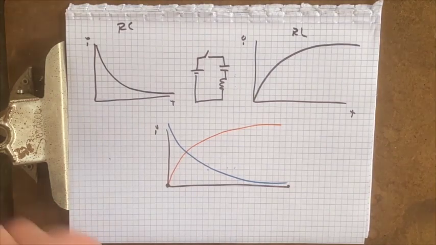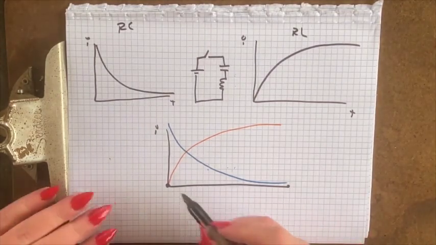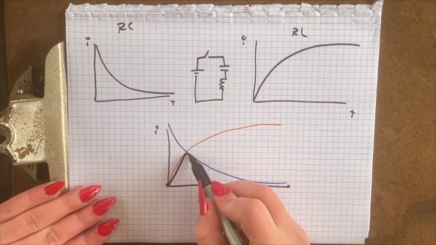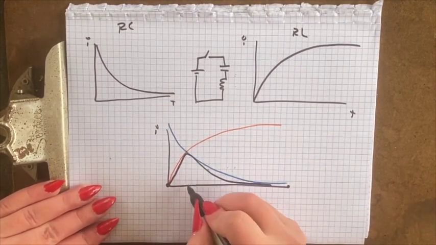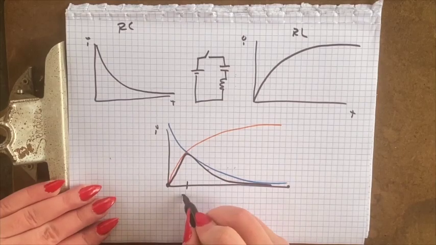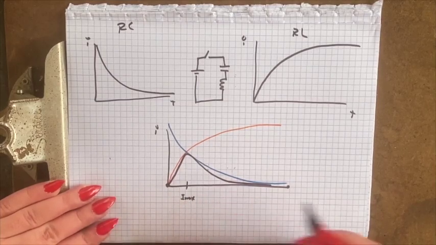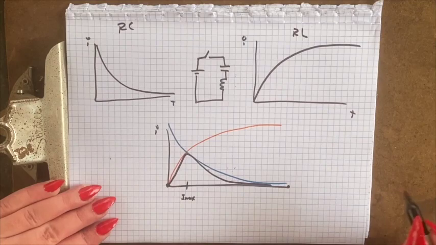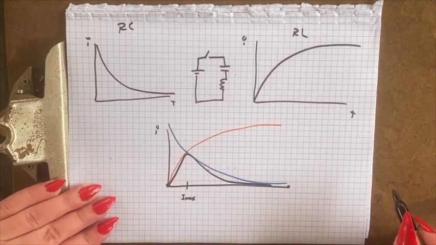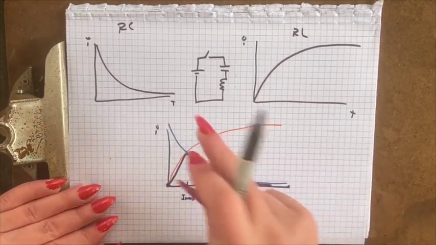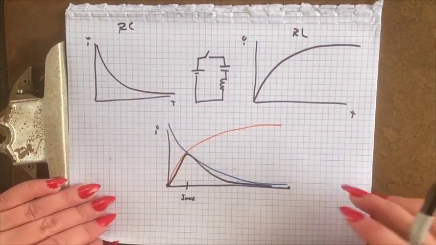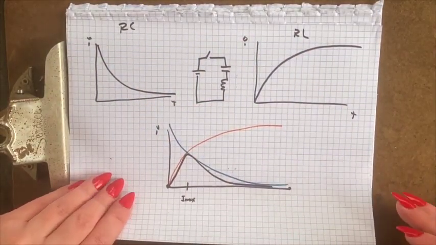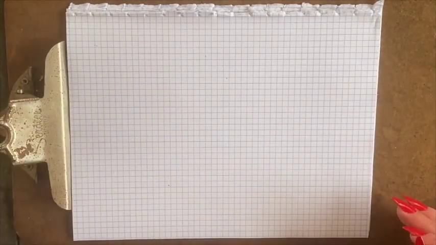So in the end, we would get some kind of a strange curve that maybe looks like that. So you'd have a quick flash at some point where this would be I max, and then later on it would just kind of die out. So that's interesting. If we had both of these effects together, they seem to play off of each other in kind of interesting ways. So let's try a different setup.